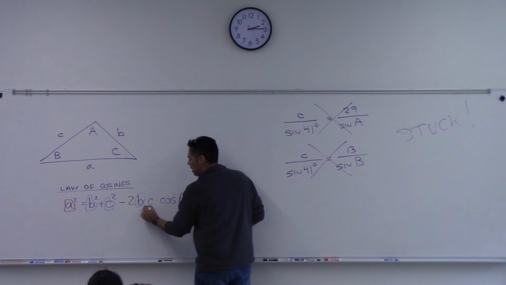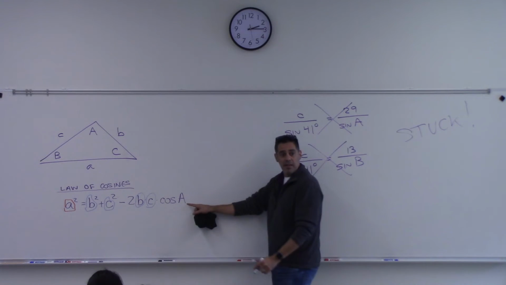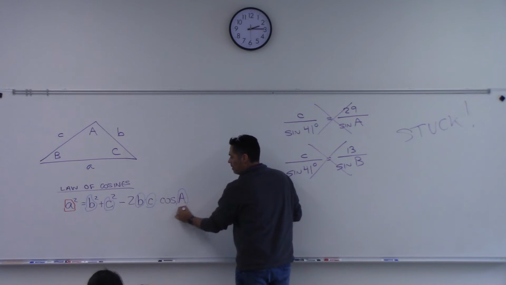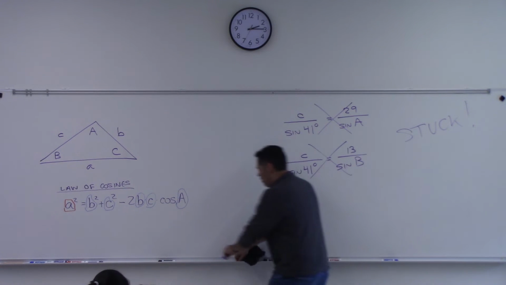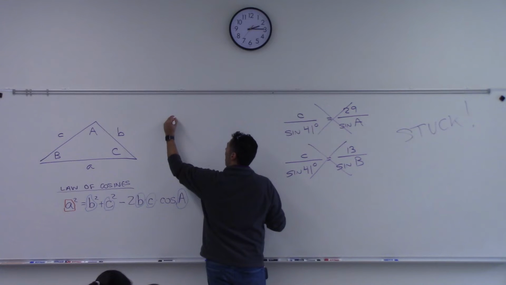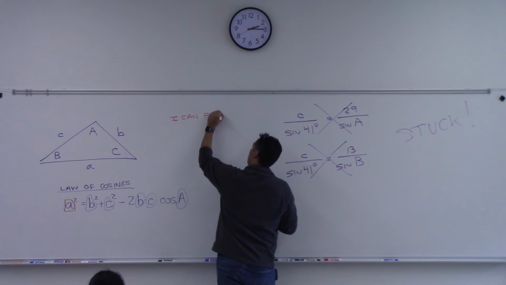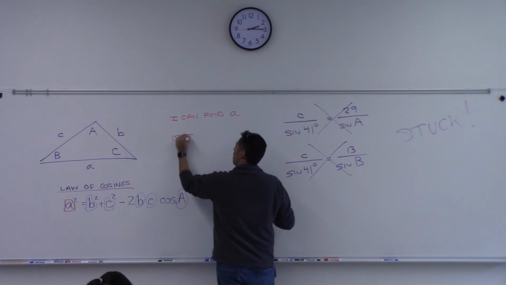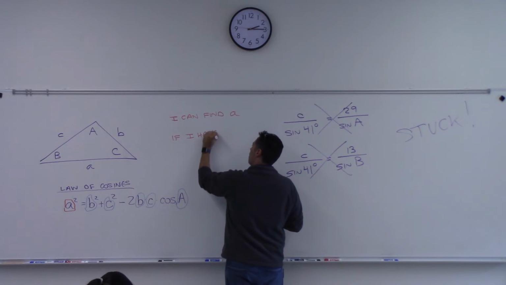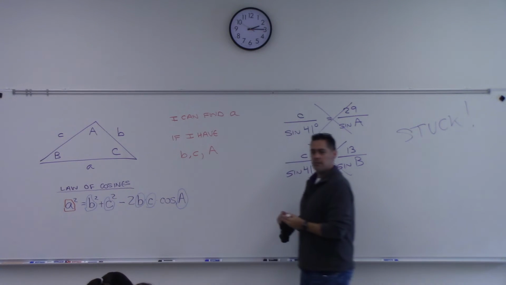Do y'all see how little b and little c appear in there? And I also need capital A. So, in other words, I can find little a if I have little b, little c, and capital A.